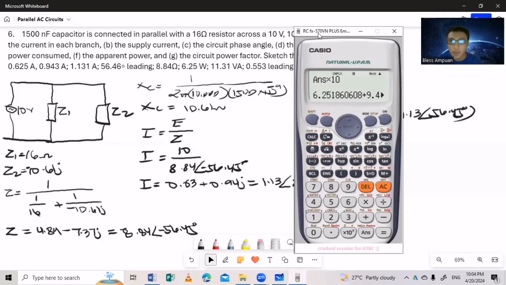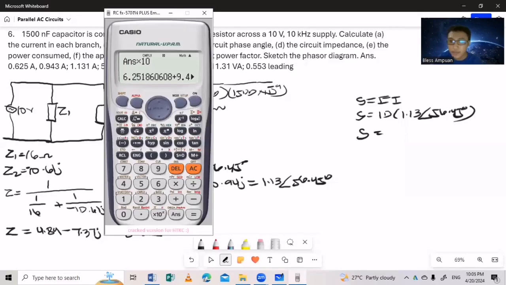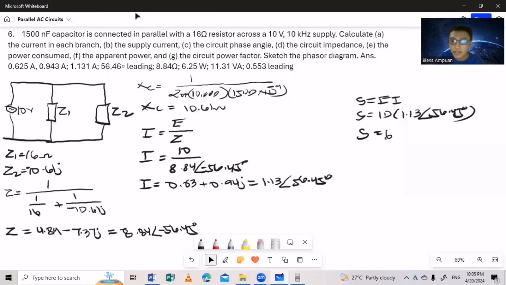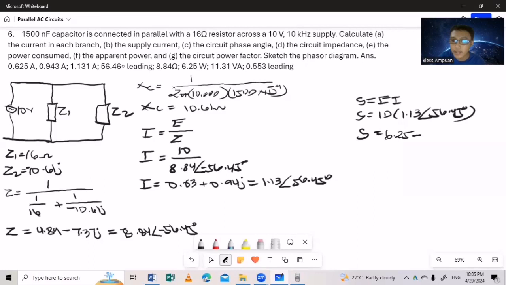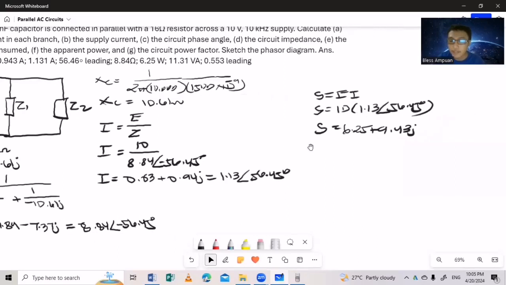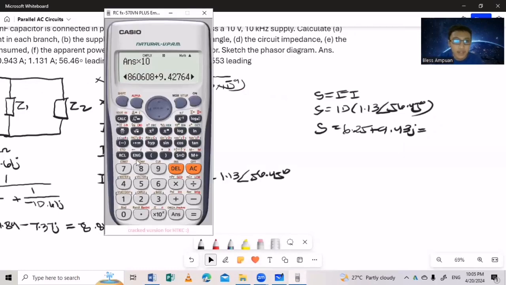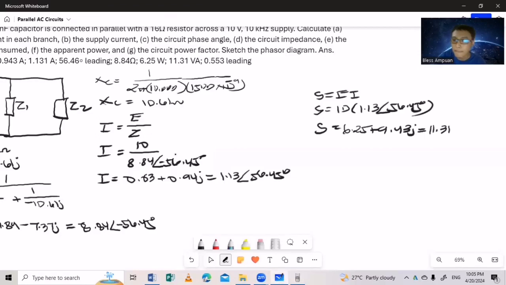So our total power in rectangular form is 6.25 plus 9.43 J. And if we convert this into its polar form, we have 11.31 angle of 56.45 degrees.